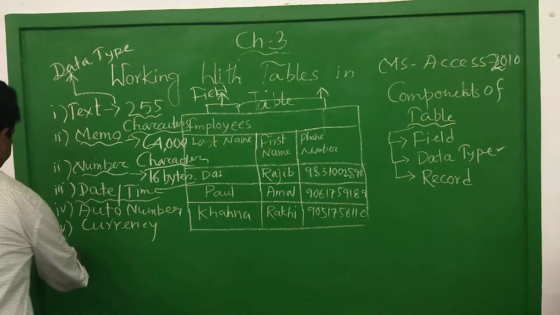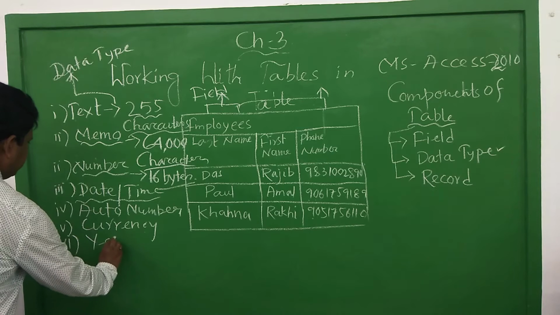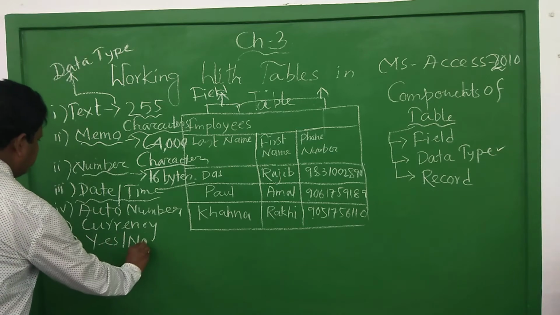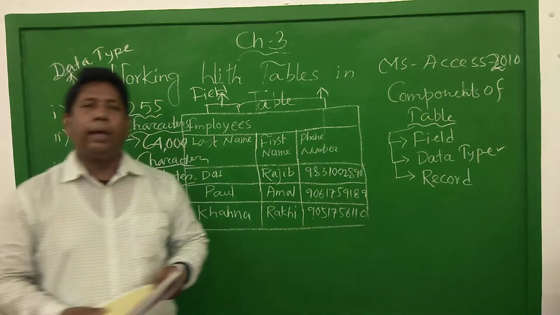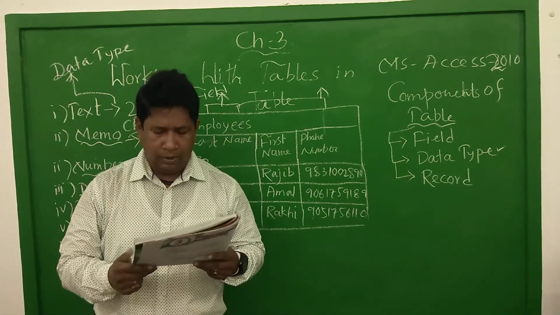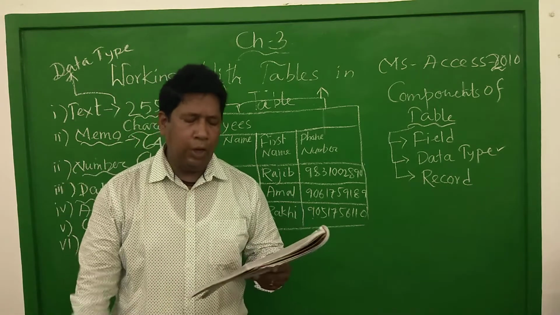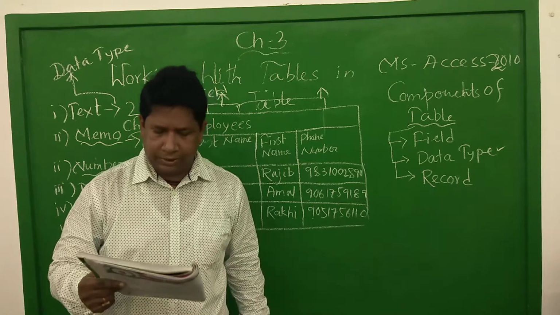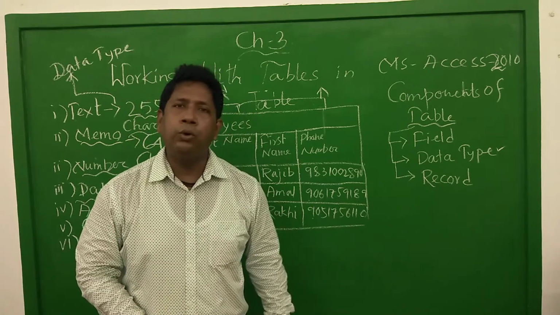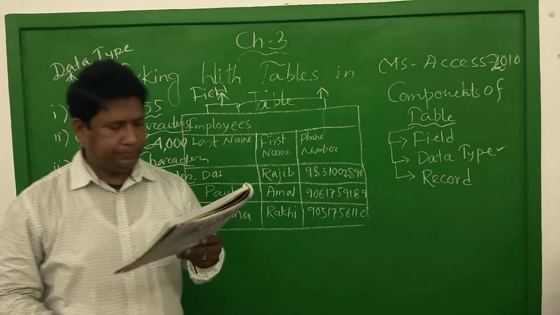Next is yes/no. This field is used to store only one of two possible values, such as yes or no, true or false, as well as on or off.